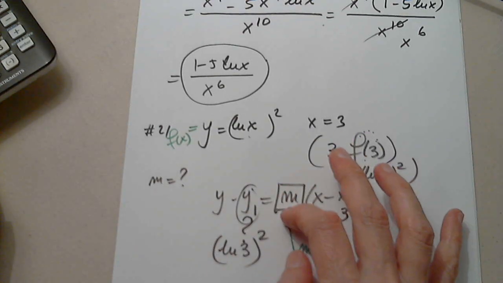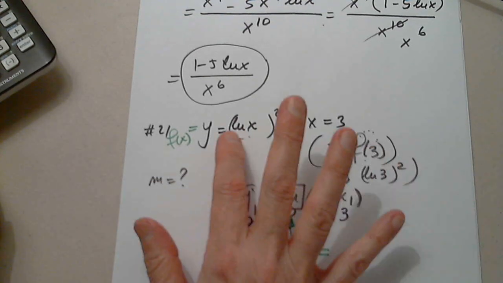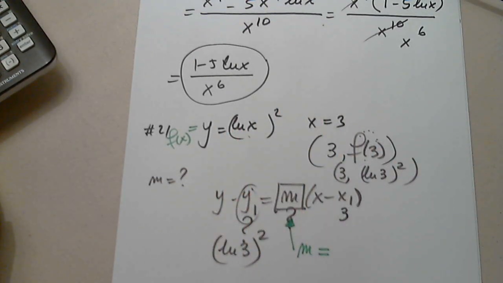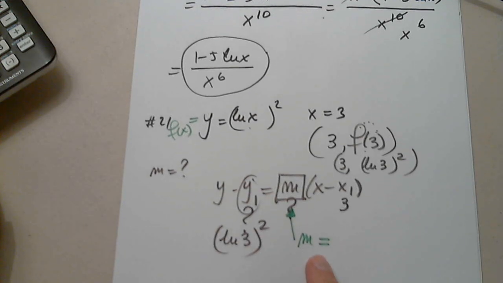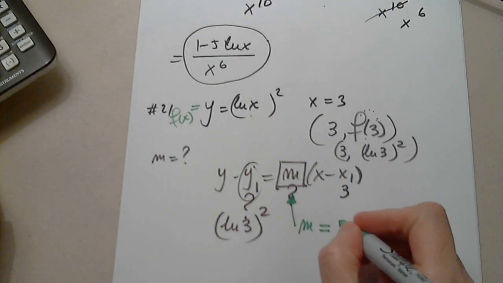How did we find the slope on the test? When we were asked to find the equation of the tangent line to the graph of this function at such and such point. y1 minus y2, or do you mean the derivative? The derivative evaluated at what value?